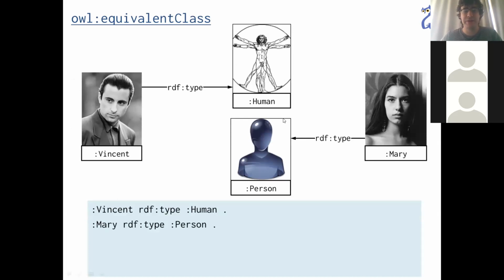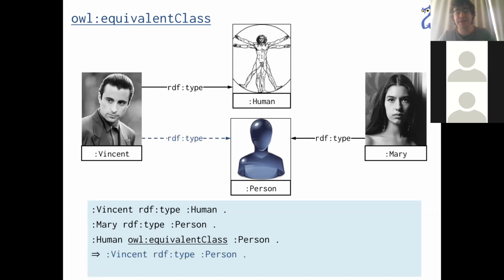So if Vincent is of type human and Mary is of type person, we're kind of saying the same thing in two different ways, right? These two classes are equivalent. So if something is a person, then they're a human. If they're a human, then they're a person. So we can specify human equivalent class person, which means essentially human subclass of person and person subclass of human. Okay, and this will allow us to infer that Vincent is of type person and Mary is of type human. Okay.